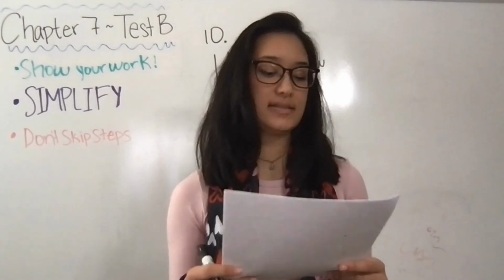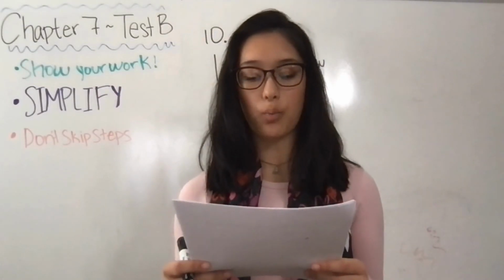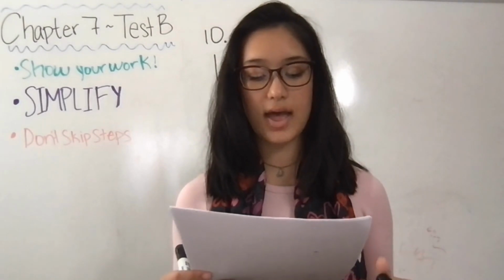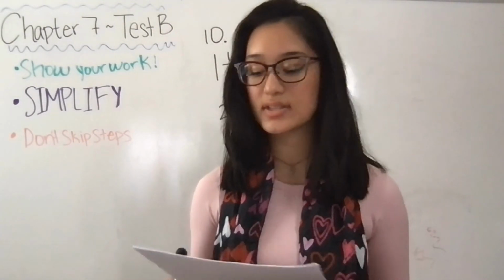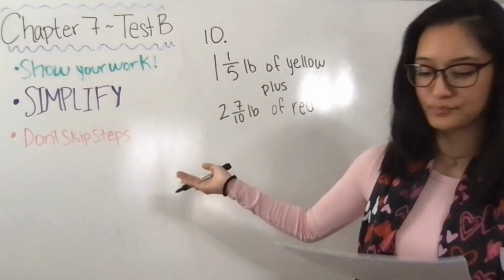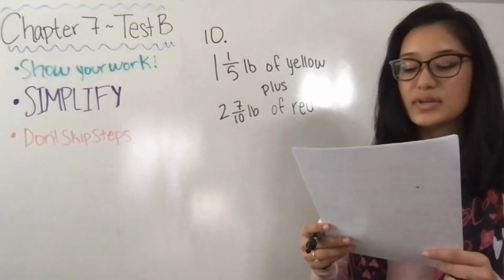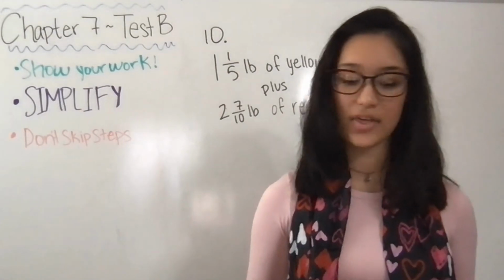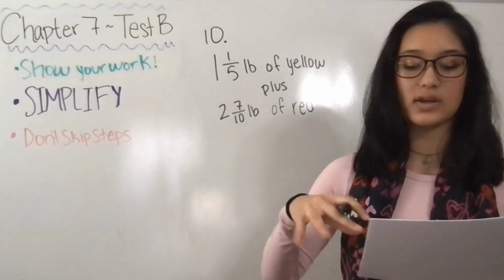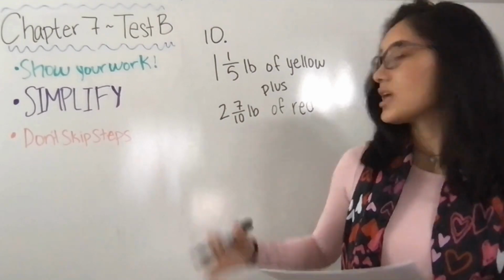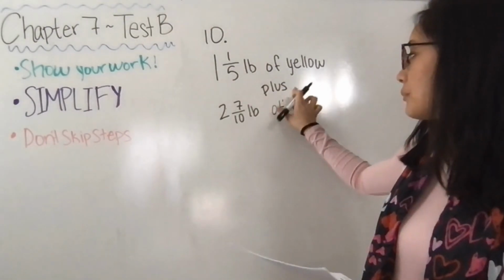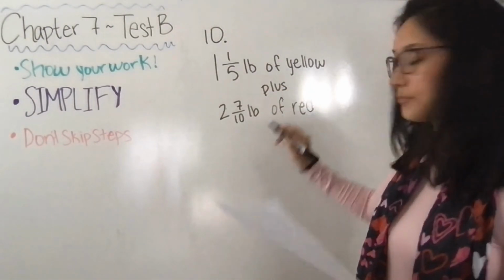Problem number 10 says, Holly bought 1 1/5 pounds of yellow potatoes and 2 7/10 pounds of red potatoes. How many pounds of potatoes did she buy all together? So you know when it says all together that it's an addition, so a plus problem.